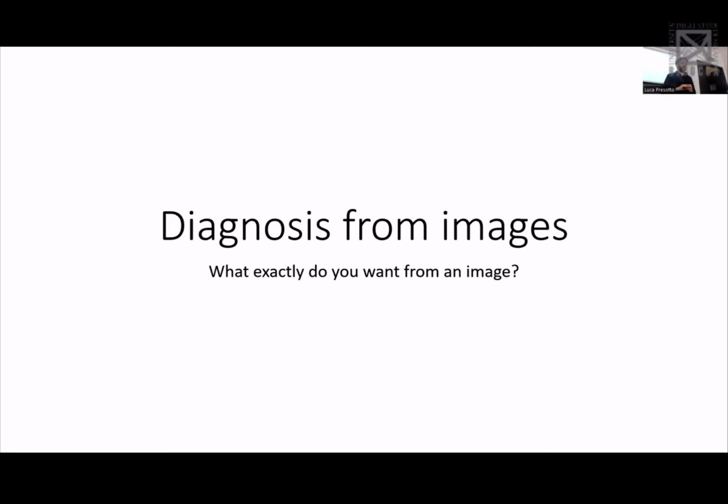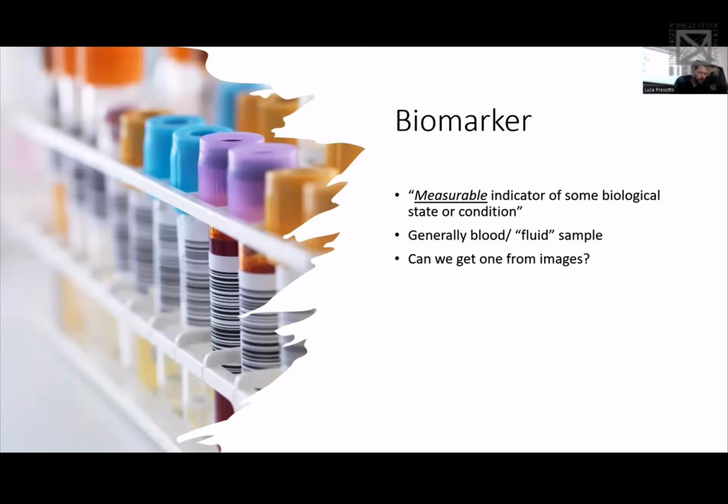Let's try to define this well, and let's see how humans are doing that now, because it tells us where information is in an image. So what would we ideally want from an image analysis algorithm?